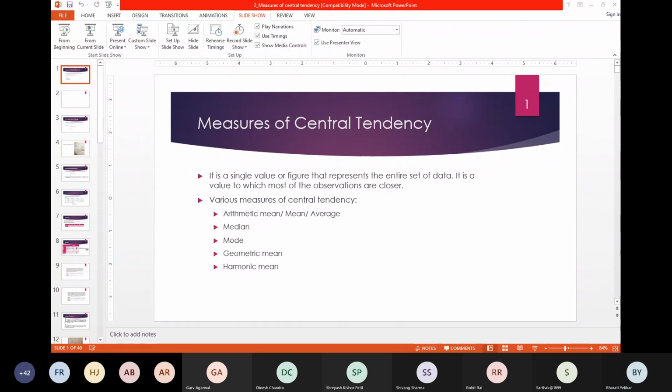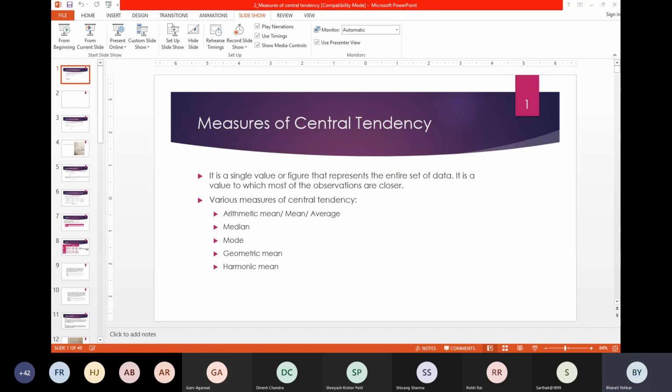So along with the variability, that is dispersion, of a data set, central tendency is a branch of descriptive statistics. Note down this.